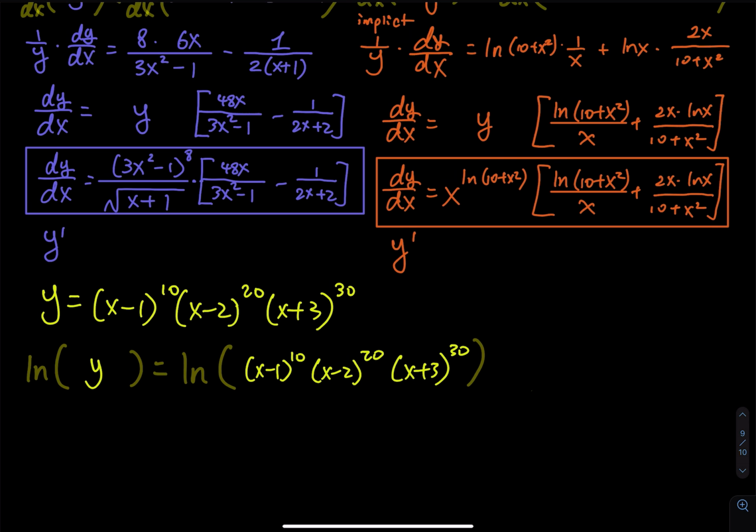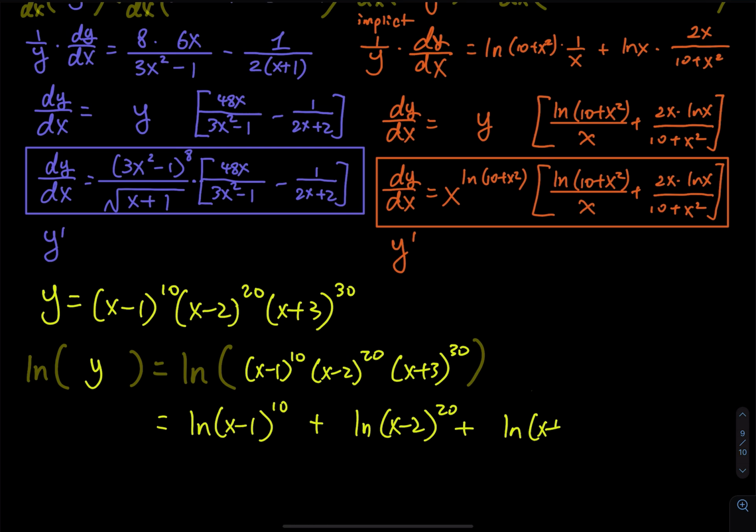What's next? You have ln of a product, so you can split it up as ln (x − 1)^10 plus ln (x − 2)^20 plus ln (x + 3)^30. The other side is just ln y. And then you bring the power down.